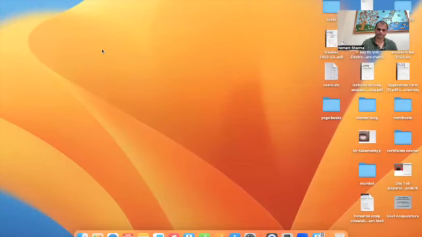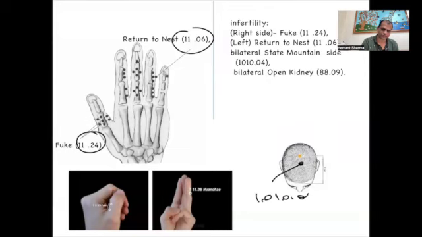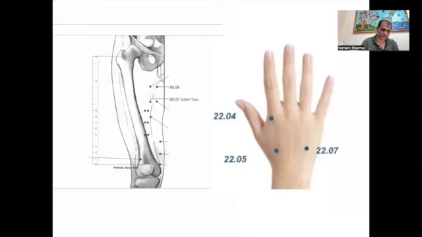Let's see now. So now you know all the 4 points: 11.24, 11.06, then 1 point is here, 10.04, and the last point here, from the knee on the medial border of the patella, that is 88.09, a very good point.